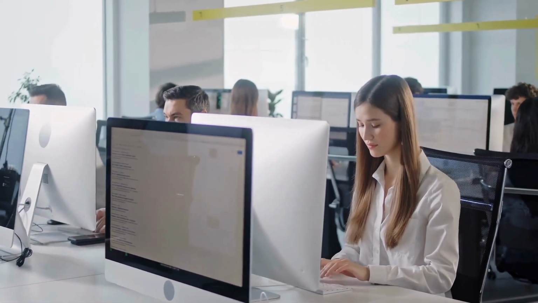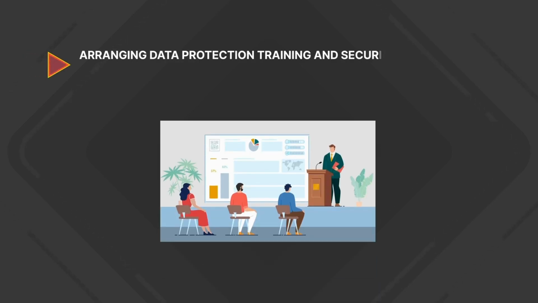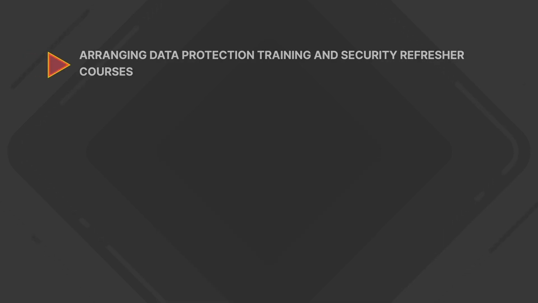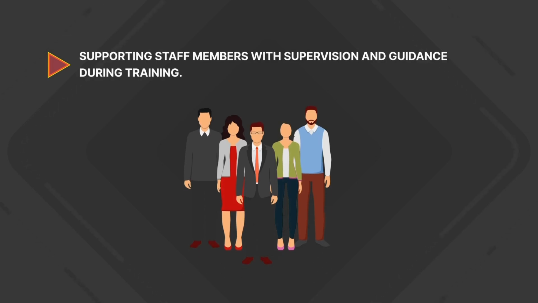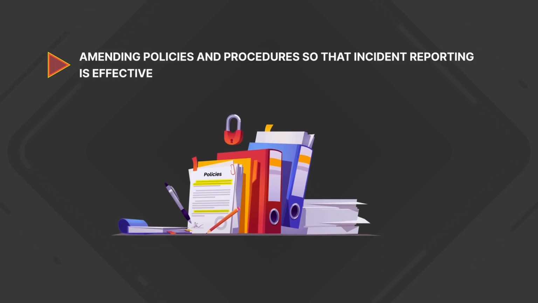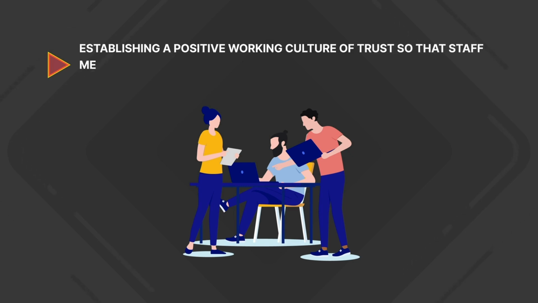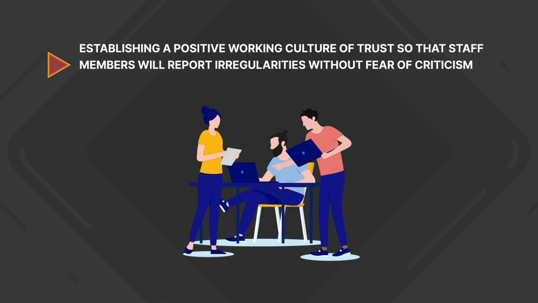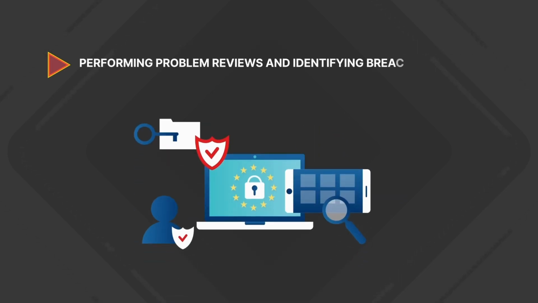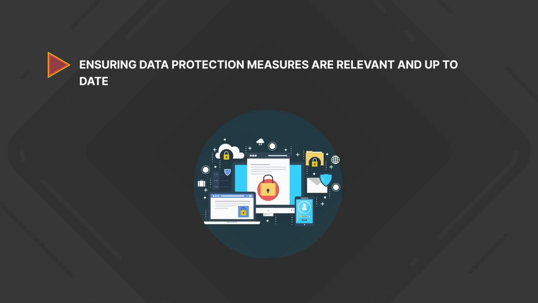The GDPR also advises that additional post-breach exercises are carried out, such as arranging data protection training and security refresher courses, supporting staff members with supervision and guidance during training, amending policies and procedures so that incident reporting is effective, establishing a positive working culture of trust so that staff members will report irregularities without fear of criticism or reprisal, performing problem reviews and identifying breach risks, ensuring data protection measures are relevant and up to date.